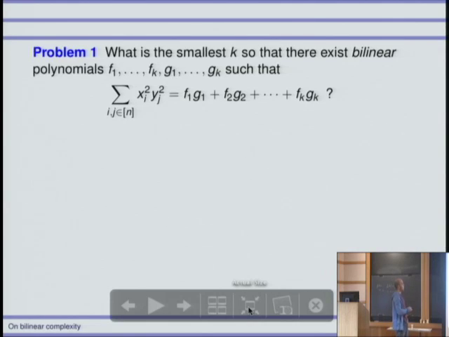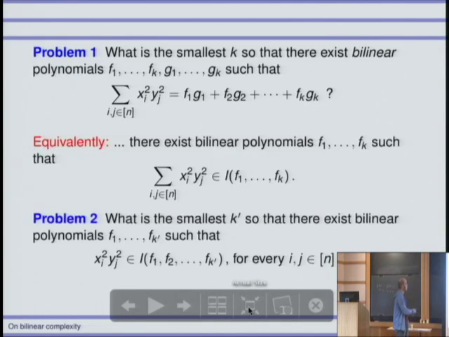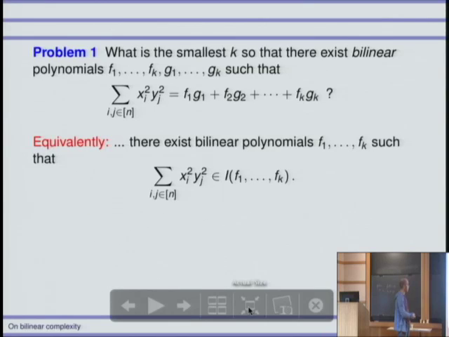Another way to formulate problem one: you can reformulate the question in the following way. You can just ask how many bilinear forms f1 through fk you need so that you can place the sum of squares polynomial in the ideal generated by f1 through fk.